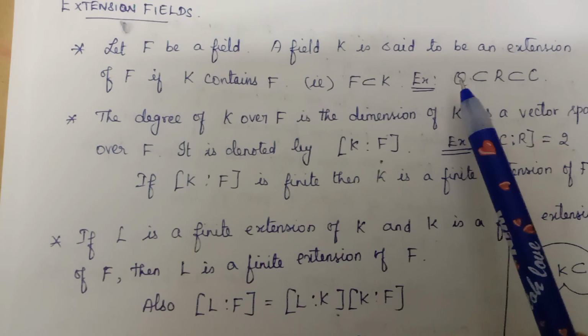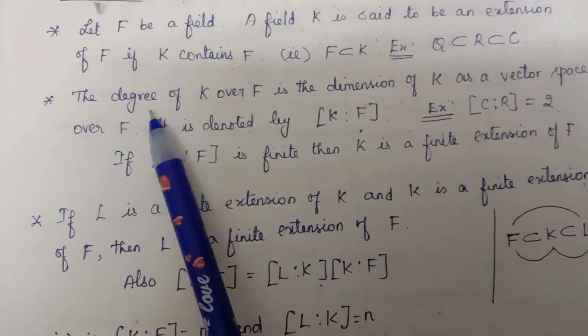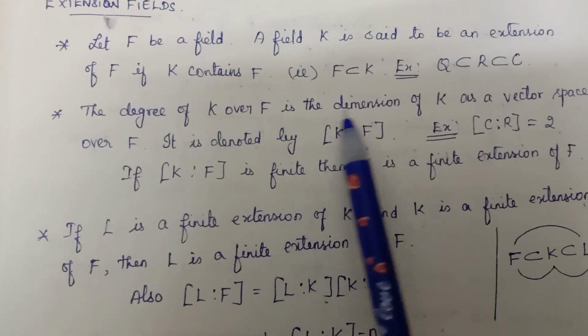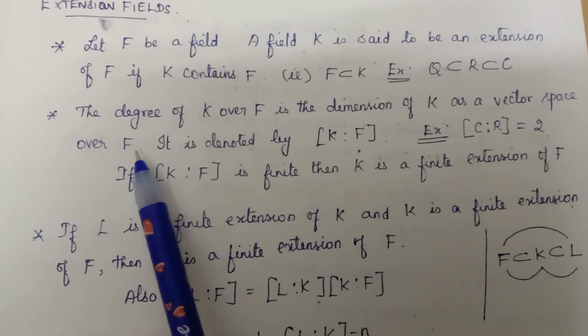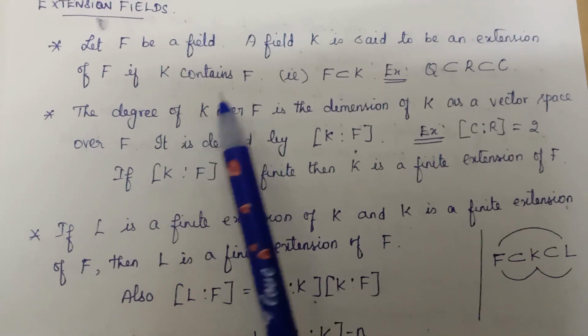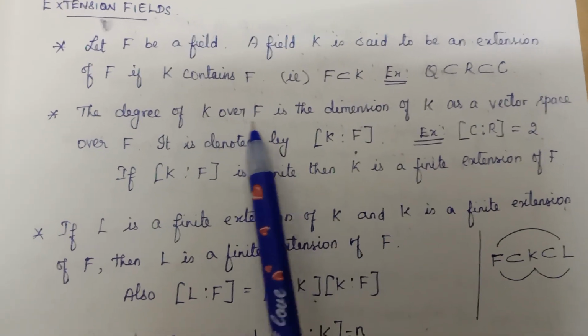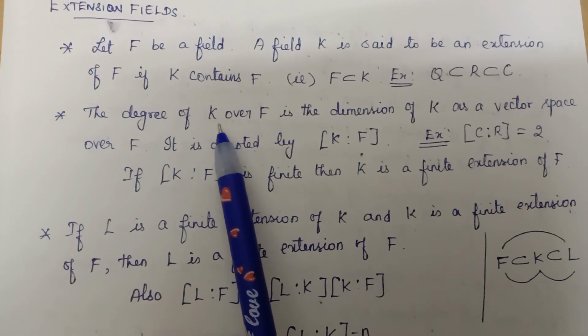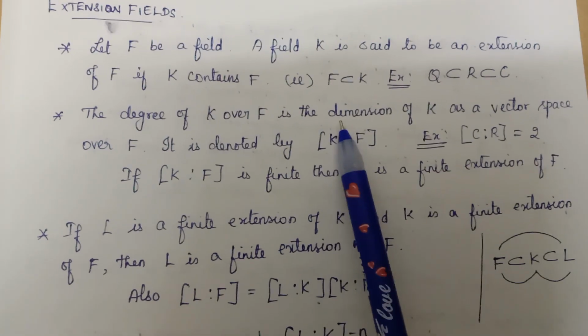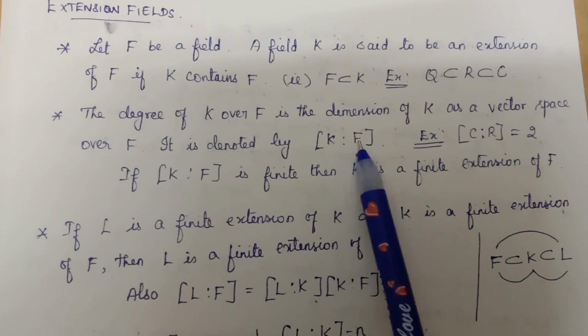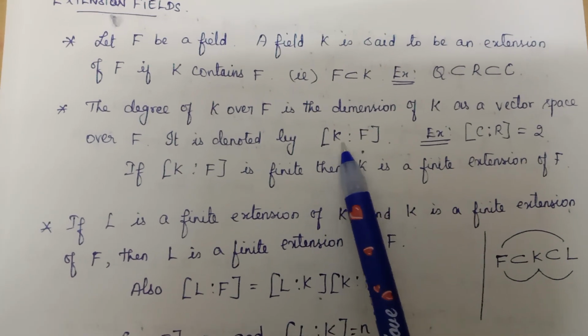This is called an extension, and the degree of K over F is the dimension of K as a vector space over F. Throughout this video, F denotes a field and K denotes the extension of F. So what do we mean by the degree of K over F? Both are fields.